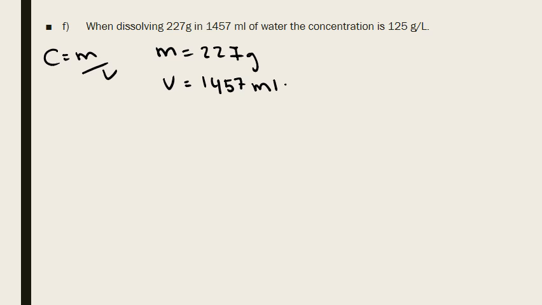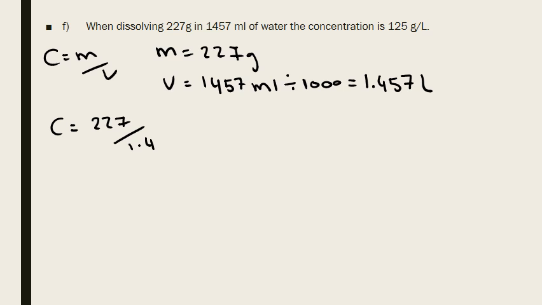Now we need to divide this by 1000 because concentration is always gram per liters, so that is 1.457 liters. Concentration equals 227 divided by 1.457, which gives us 155.79 gram per liters.